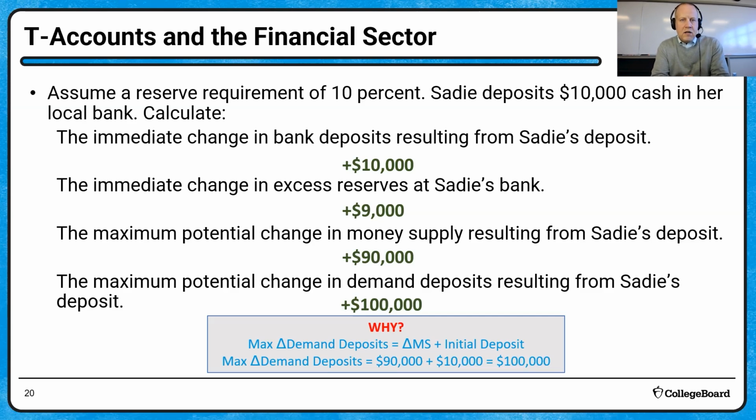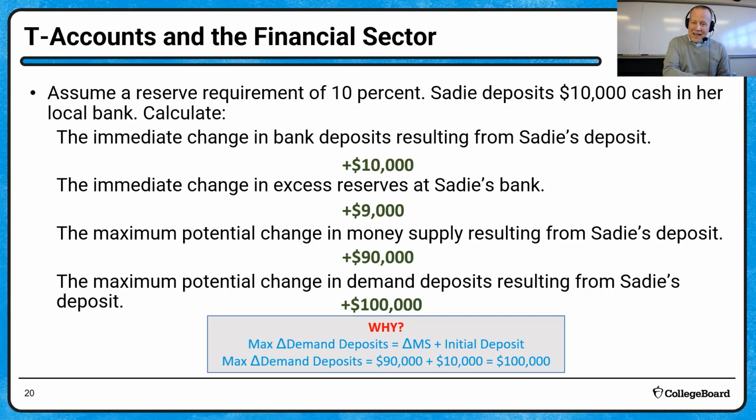What's actually happening here is that the $10,000 deposit, it was cash, now it's deposited. That $10,000 deposit created another $90,000. And because we're going maximum potential, we are assuming that it all gets redeposited in another bank somewhere or the same bank. So just the money creation process created an additional $90,000 in demand deposits based on our assumption.